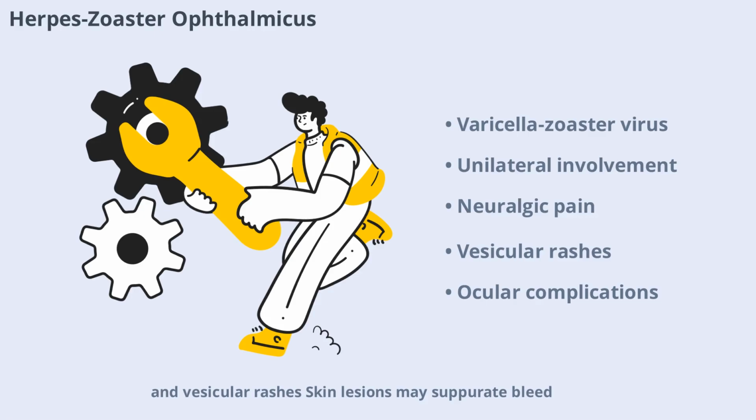Skin lesions may suppurate, bleed, and leave permanent scars. Ocular manifestations include superficial punctate keratitis, iridocyclitis, corneal insensitivity, gray scarred sclera, and iris atrophy. Paralysis of cranial nerves may occur.